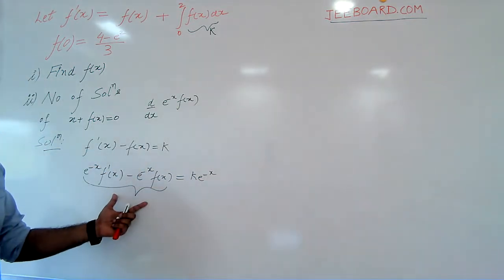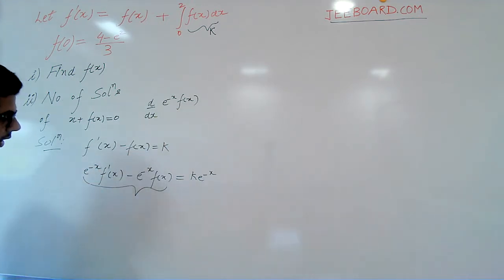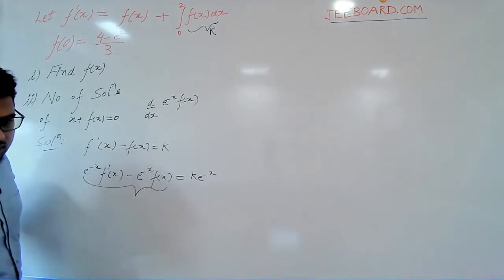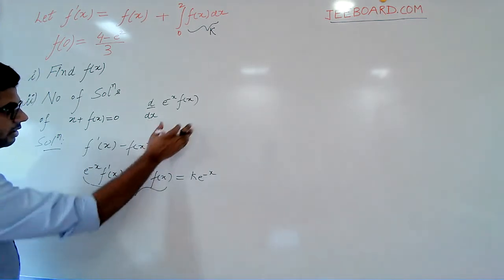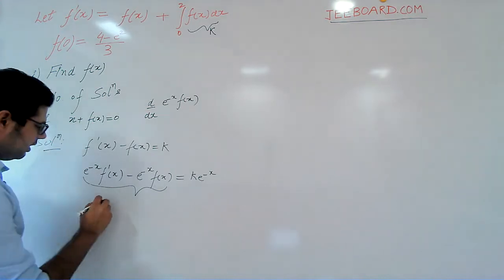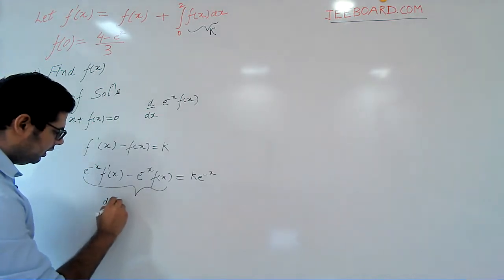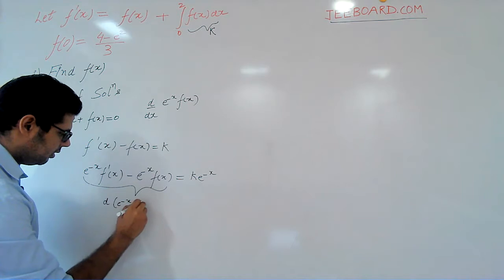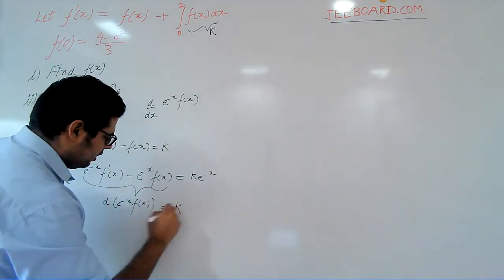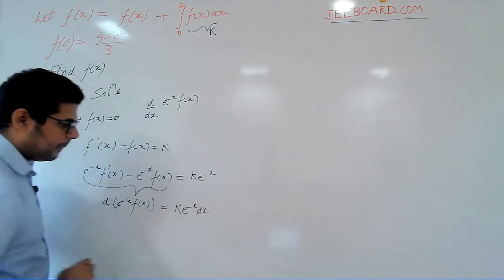So this is clearly the derivative of this particular function. Now if you want to integrate on both sides, after the integration you will get this particular thing itself, right? So you can say that d of e raised to the power minus x into f of x equals minus k times e raised to the power minus x dx.